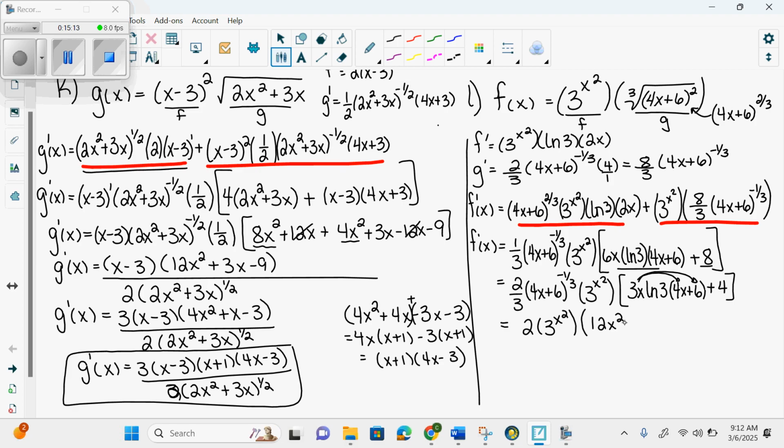Maybe we'll talk more about it in a second. 12x squared ln 3. And then I get 3x ln 3 times 6, which is 18x ln 3 plus 4. All over the 3 drops to the bottom, and the 4x plus 6 goes to the positive third.